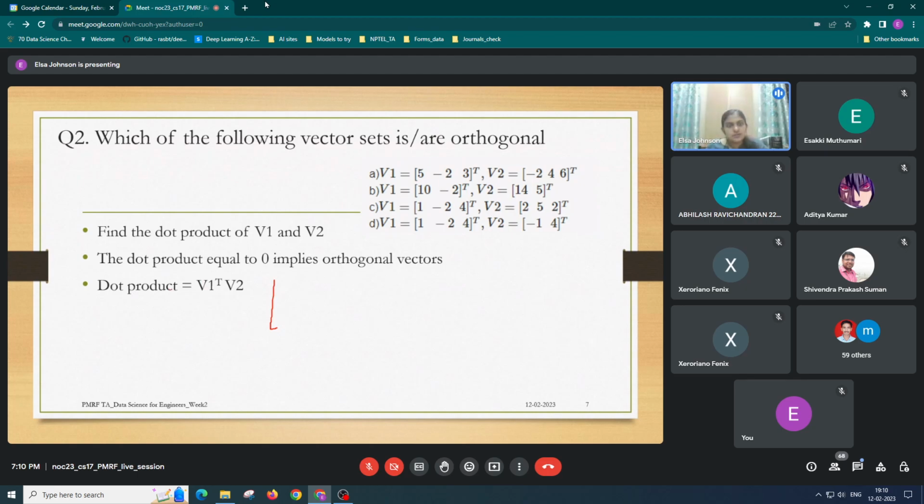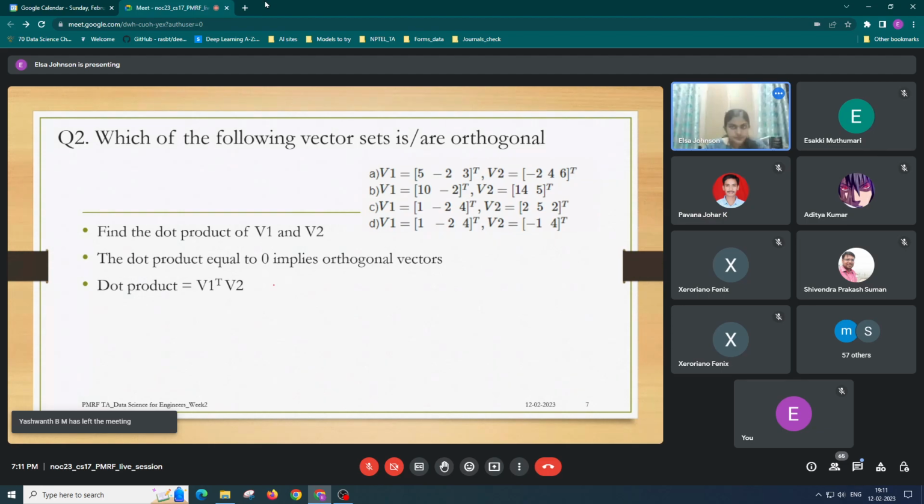How do you find whether the vectors are orthogonal? You have to find the dot product, which means v1 transpose v2. Then you have to see whether it is zero. That means your particular vectors are orthogonal.